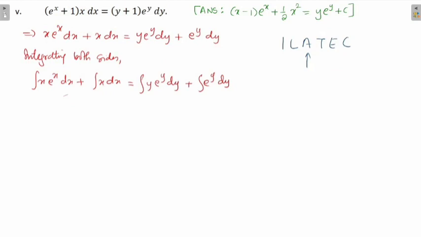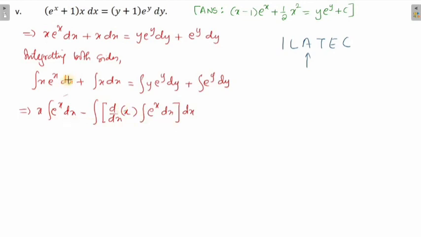The rule says keep the one which has to be differentiated as it is, integrate the second function, minus integral d by dx of x into integral of the second function. What is the second function? It is e to the power x dx.